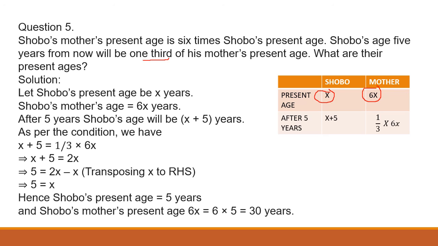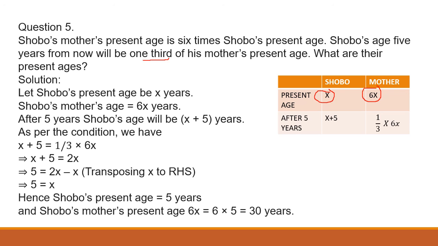In the same way, if we consider Shobo's present age as x years, then after 5 years her age becomes x plus 5 years. As per the condition, x plus 5 equals 1/3 of 6 into x. x plus 5 equals 1/3 into 6x.